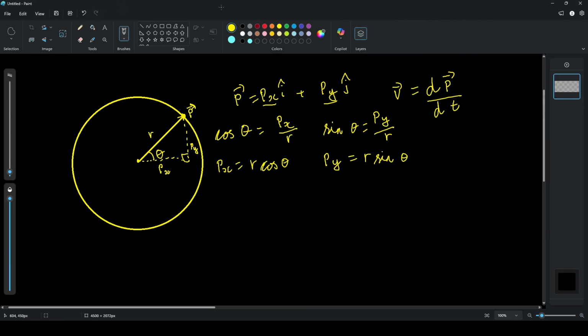Well, as the particle goes around the circle, we can see that the angle is changing, and the angle obviously changes proportional to time. So we can say theta is proportional to t. And we can essentially substitute t with theta, but that's not what's happening. But we can think of theta as equivalent to the time.